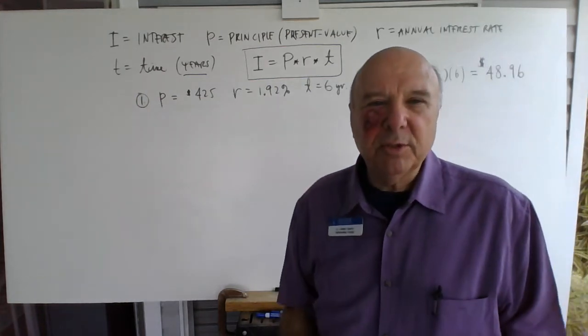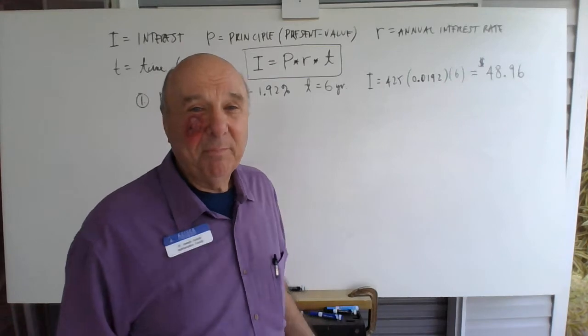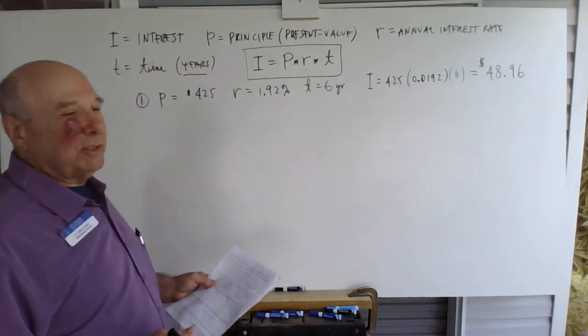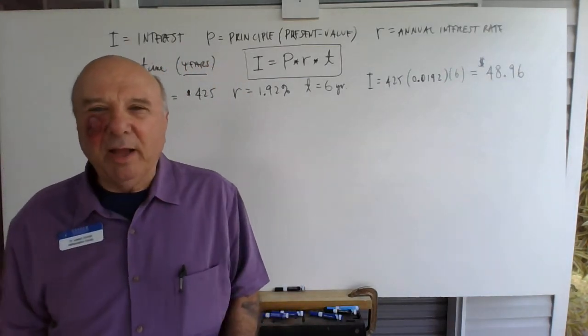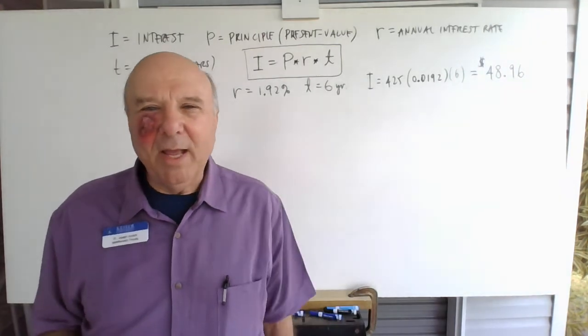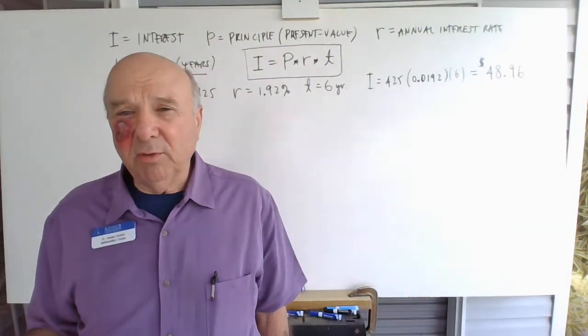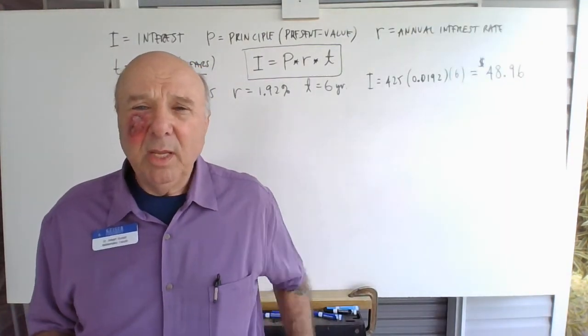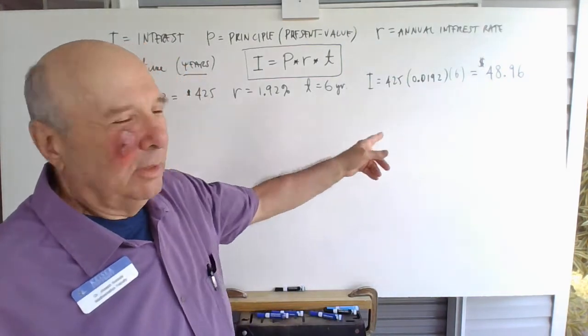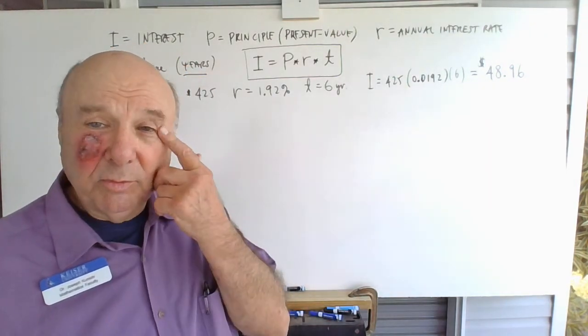Don't forget your dollar sign. Remember, this is money. I guess I should have a dollar sign in front of the 425, but we'll let you slide on that. When you have your answers, your final answer should be in terms of money. And we always round to the nearest penny, 1/100th of a dollar.